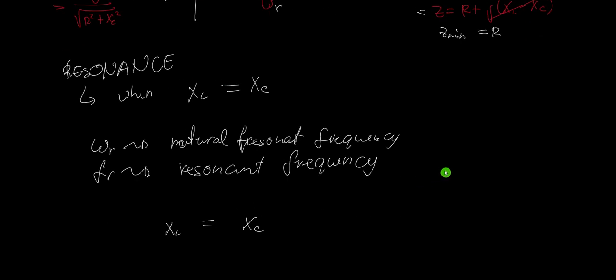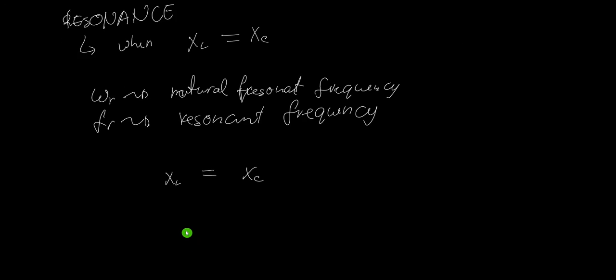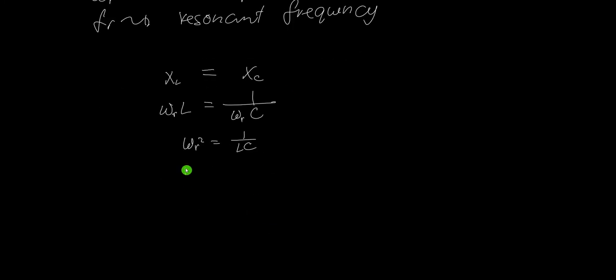And then, what is XL? XL is omega times L. And this omega here, because they are equal, should be the resonant frequency. And for XC, this is 1 over omega R times C. If I solve for omega, omega R squared is equal to 1 over L times C. And simply omega R, or the resonant frequency, is equal to 1 over the square root of LC.